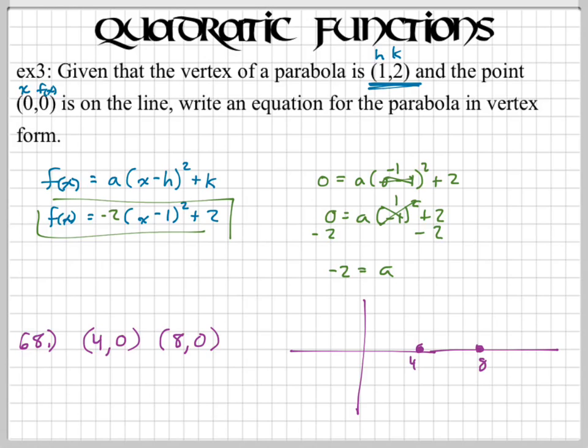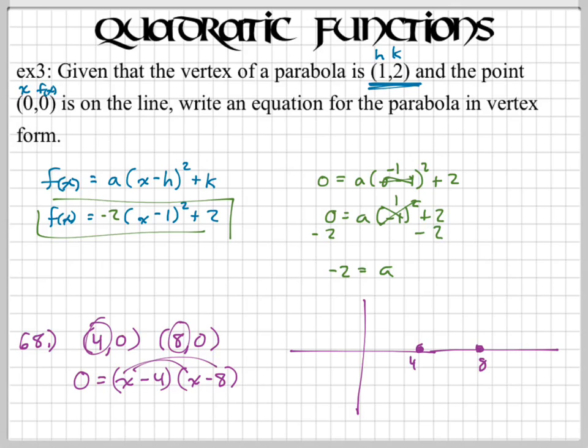You guys remember how to find x-intercepts using the zero property? If these were my answers, wouldn't I have 0 equals x minus 4? What would my other factor be? x minus 8, right? And to find our function, I would just have to multiply these out.